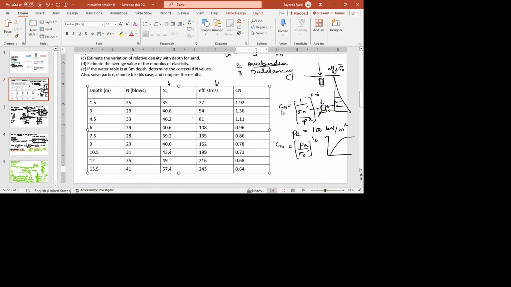So correction for overburden, corrected values.